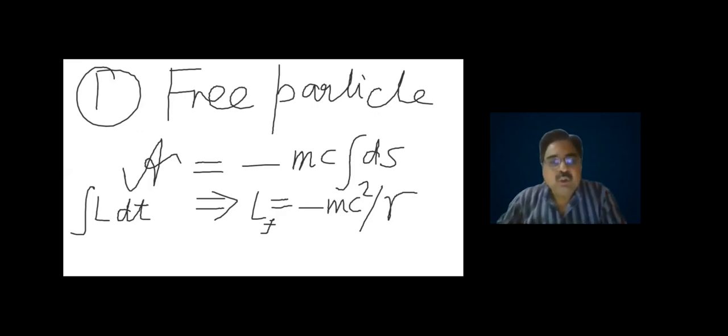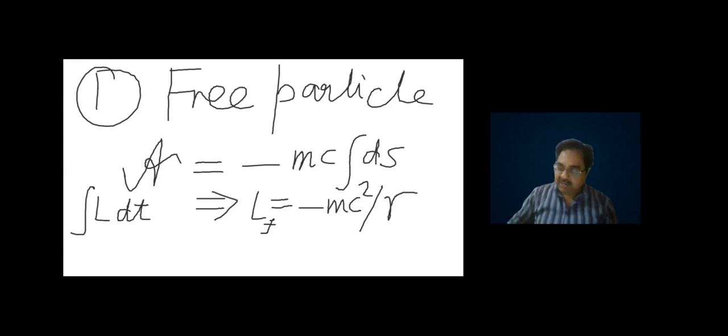Don't worry, even those who join me late, because this is the thing I had already done in my earlier lectures. L for the free particle, but for the relativistic case. So this is not the non-relativistic case, where you will have the free particle Lagrangian half mv square. But here for the relativistic free particle, it is minus mc square by gamma.